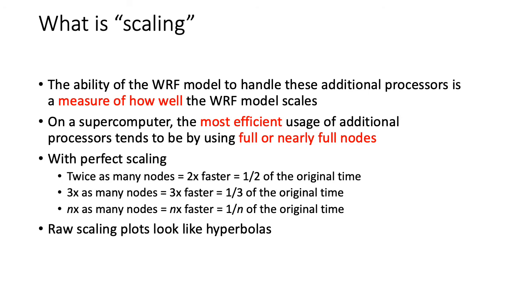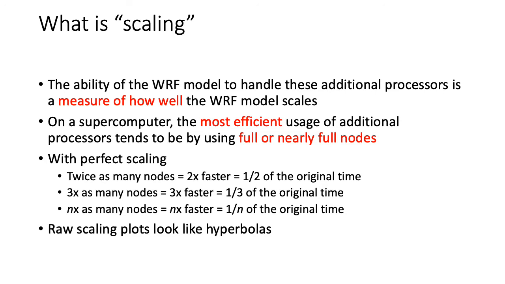If we went from 1 processor to 4 processors for a very large job, we would expect there to be some sort of speed up. But how effective is the WRF model at utilizing those additional processors? And this ability to handle additional processors, the measure of how well the WRF model is able to use those, gives us an idea of how well the WRF model is scaling.